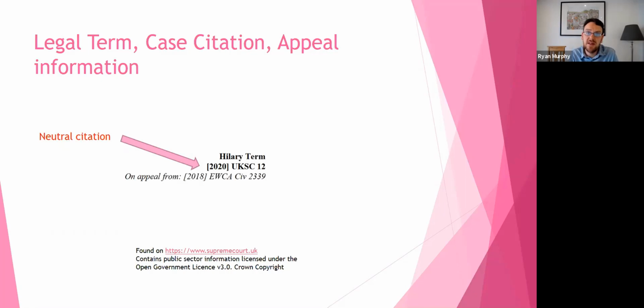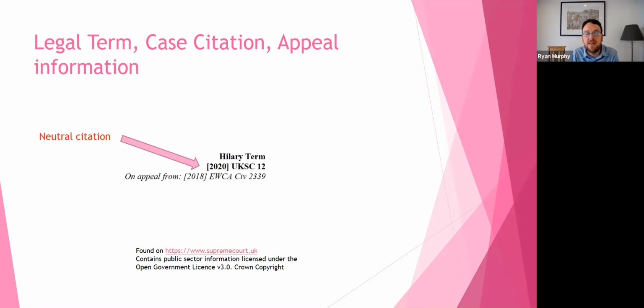So here we can see that the number within the square brackets tells you the year, so this case was decided in 2020. Next to that, it has the identifier UKSC. This tells you that this case was decided in the UK Supreme Court, UK United Kingdom, SC Supreme Court.